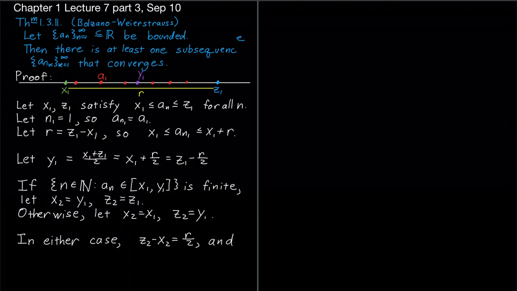and the set of all natural numbers n, let's say n has to be greater than n1, such that a_n is in [x2, z2]. That is infinite.